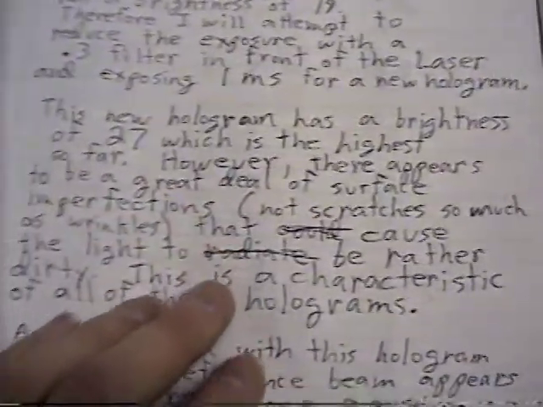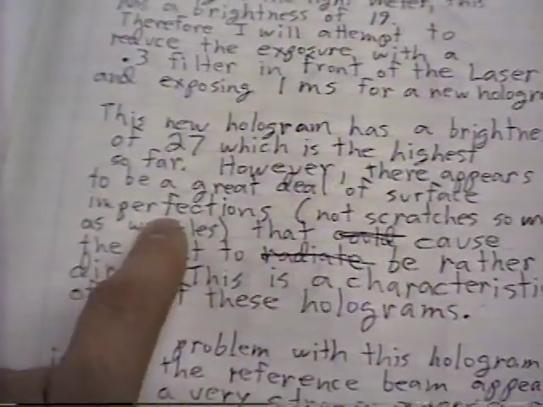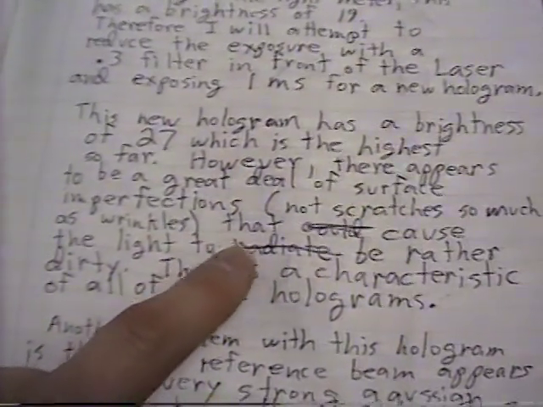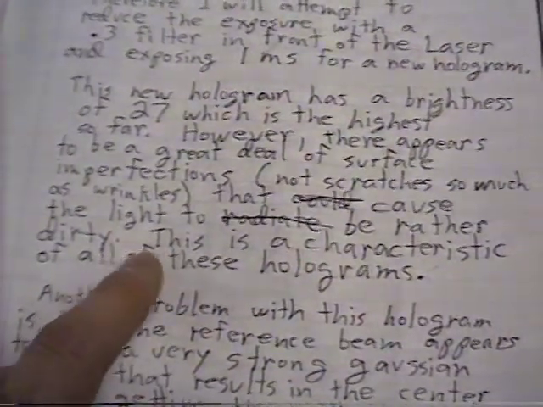However, there's a great deal of surface imperfections on the last one, not because of scratches, but more because the emulsion seems to have wrinkles in it, and so the light is somewhat dirty.